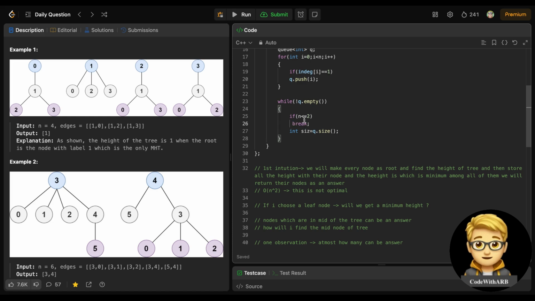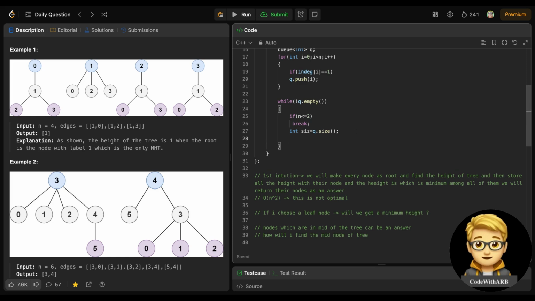So if n is less than 2, it means I have got the answer, right? Because at most the answer can be only 2. So if n is less than 2, we will simply return the answer.